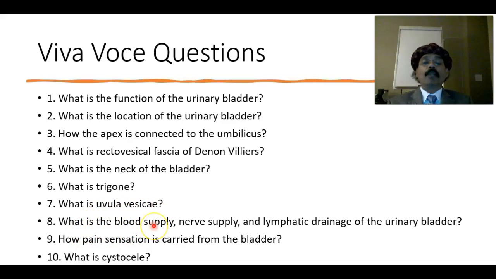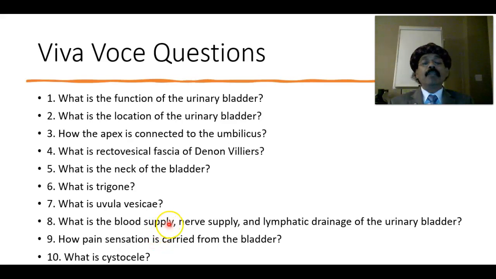What is the blood supply of the bladder? Superior vesical artery, inferior vesical artery. We also have the inferior gluteal artery, which may contribute. Also, we get contribution from other surrounding arteries. In case of female, we get contribution from the uterine artery and the vaginal artery.